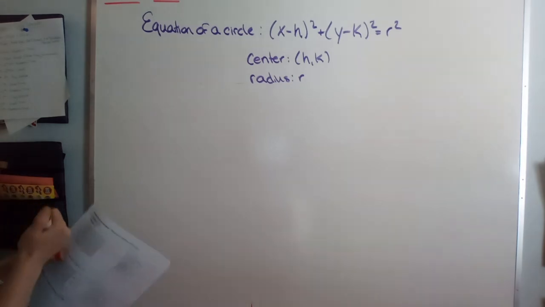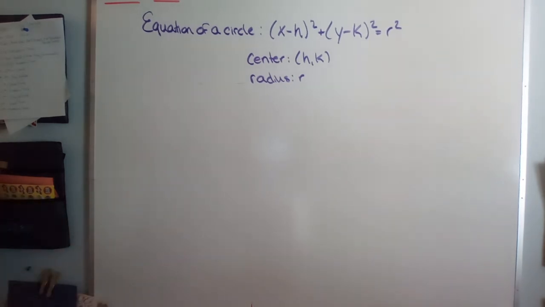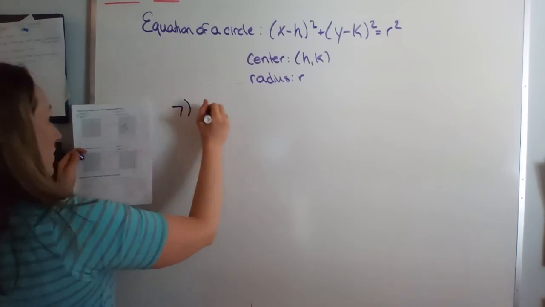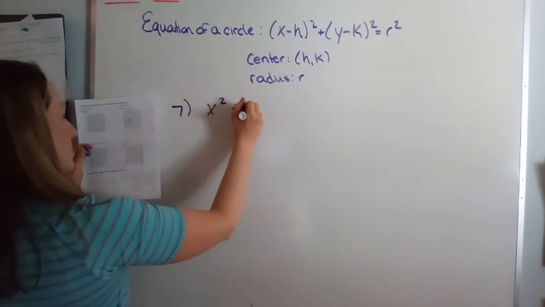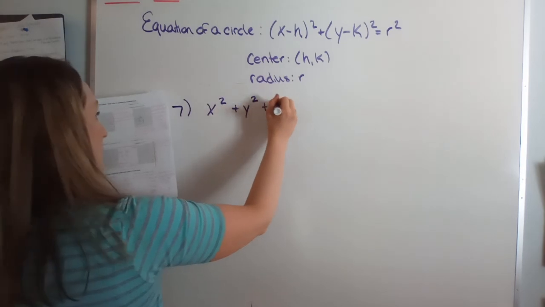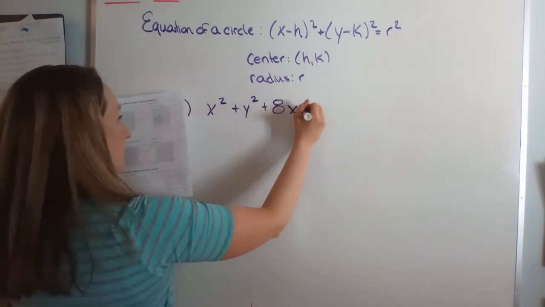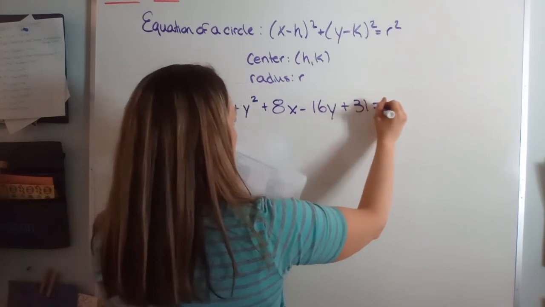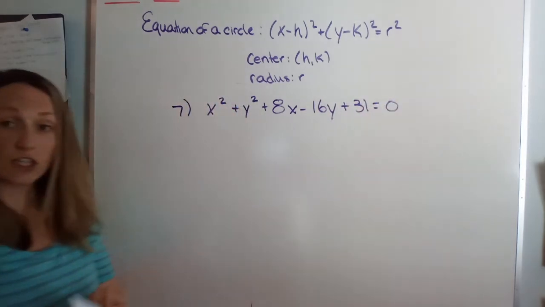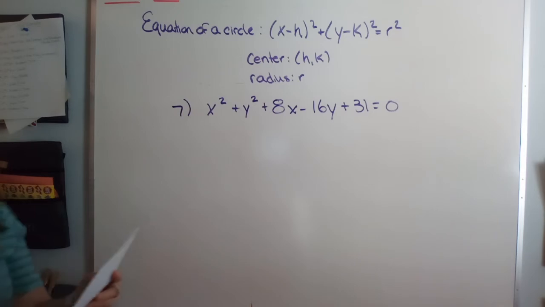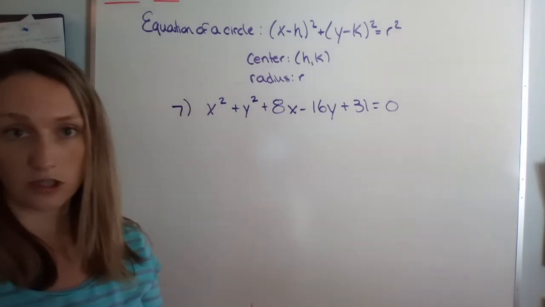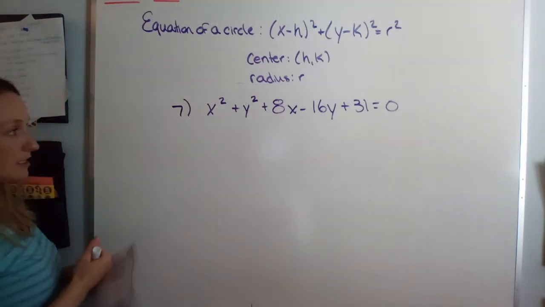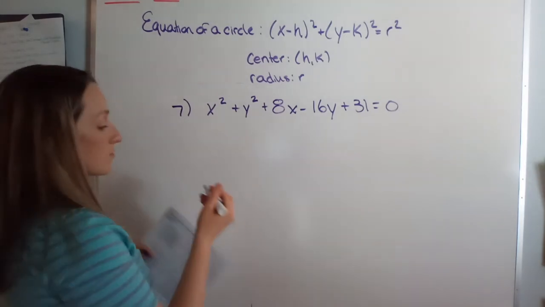So for problem number 7, we have x squared plus y squared plus 8x minus 16y plus 31 equals 0. All right, the directions here ask you to complete the square to find the center and radius of each circle. So this is bringing us again back to Algebra 1 when we learned how to complete the square. So I'll kind of remind you as I'm going through this problem.